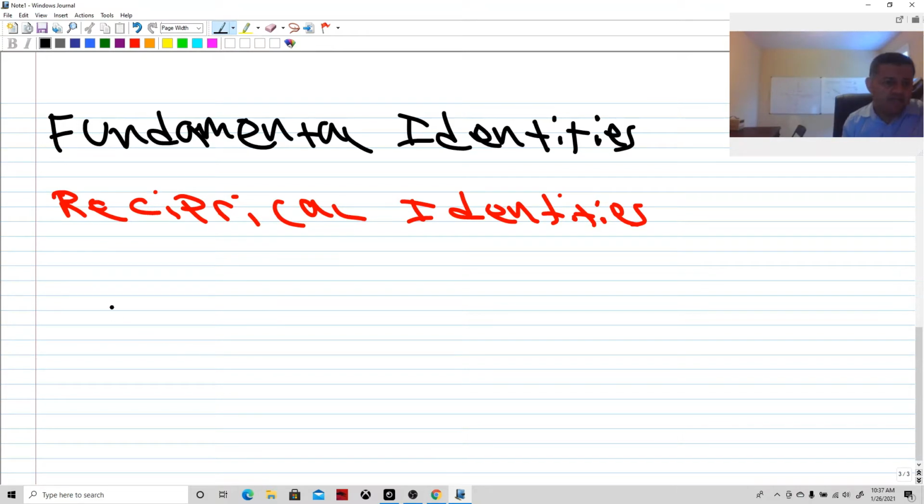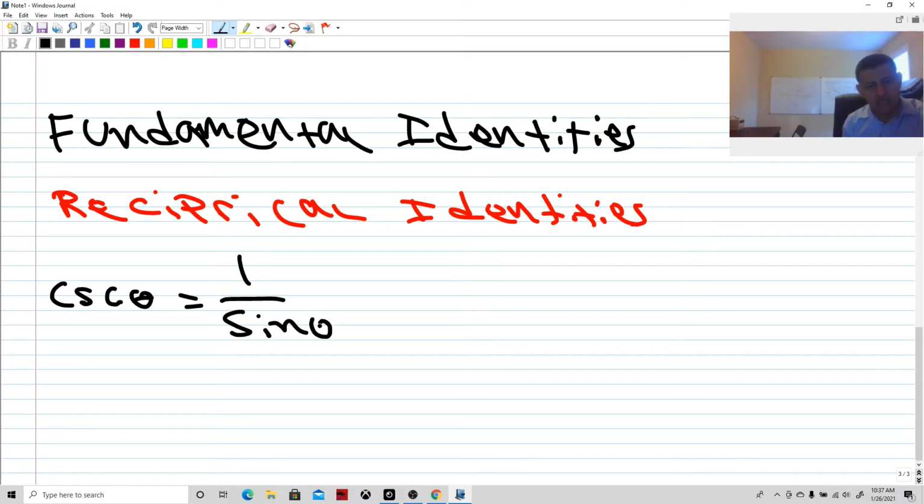You have three functions that are reciprocal. One is the cosecant: cosecant of theta is equal to 1 over sine of theta.